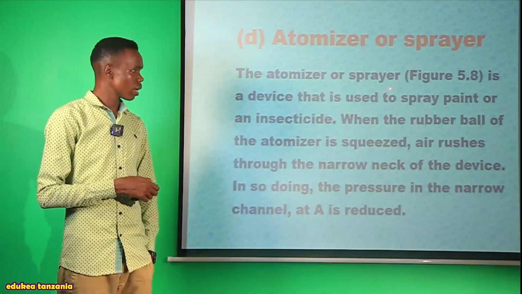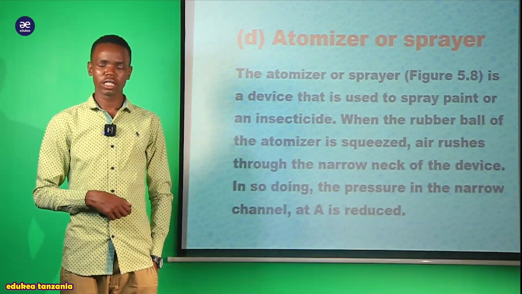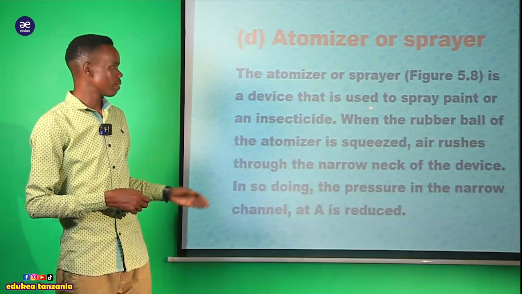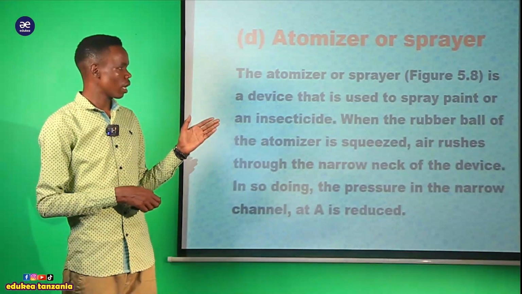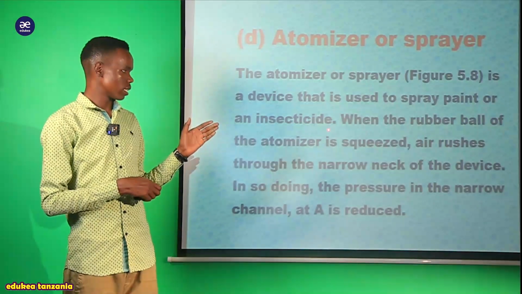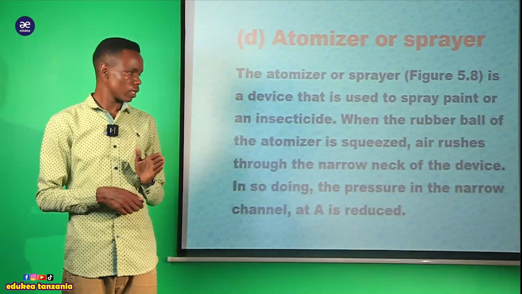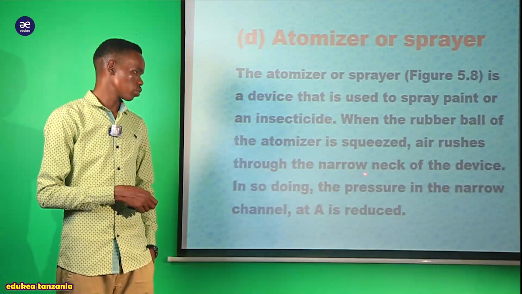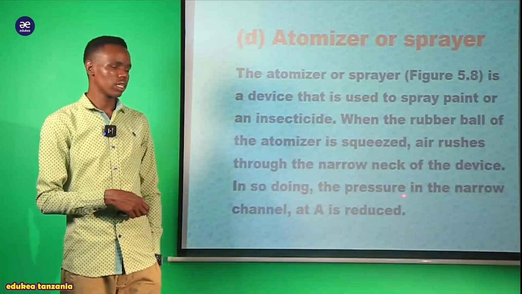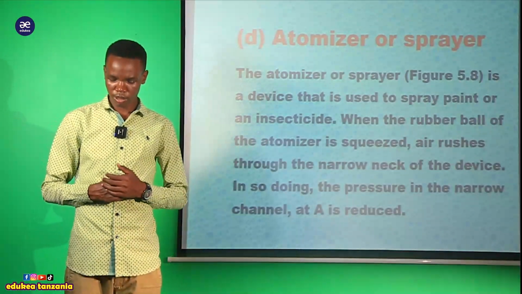The atomizer or spray, as indicated in figure 80 for our topic number 5 here, is a device that is used to spray paint or insecticide. When the rubber ball of the atomizer is squeezed, air rushes through the narrow neck of the device, and in so doing the pressure in the narrow channel at a point becomes reduced.